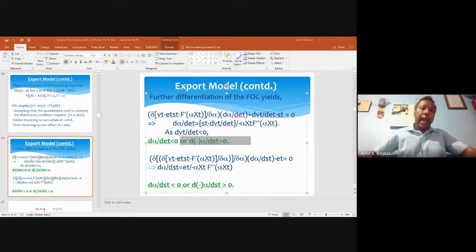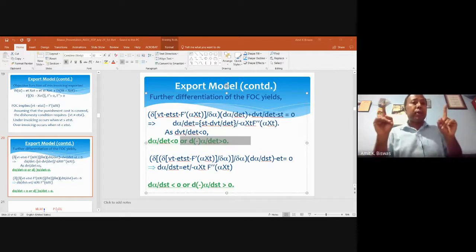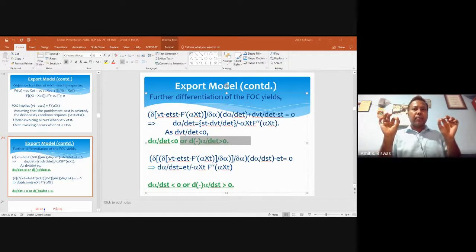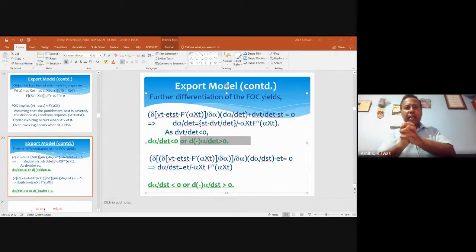So as a reason, these logics are very important. You have to tell me whether you are convinced with this logic or not, because unless you understand these intuitions of mathematical derivations, my job remains incomplete. I want you to take care of this mathematical intuition and economic intuition together, and they should go hand in hand to give you the full knowledge of an economics researcher.